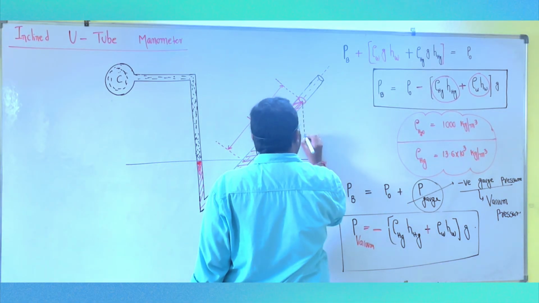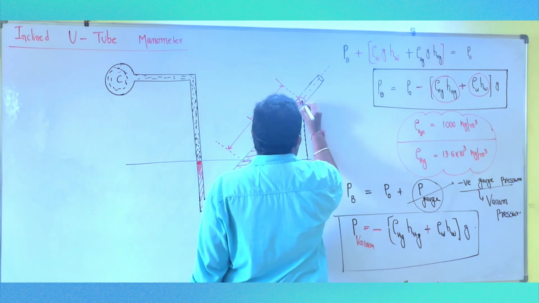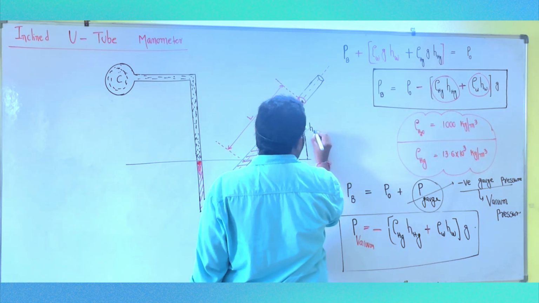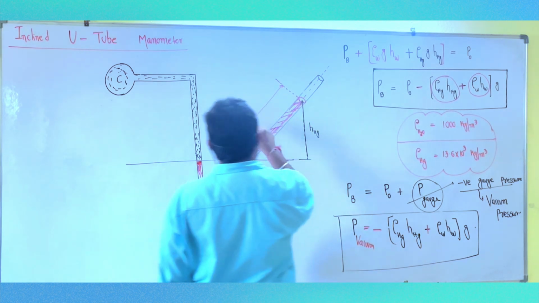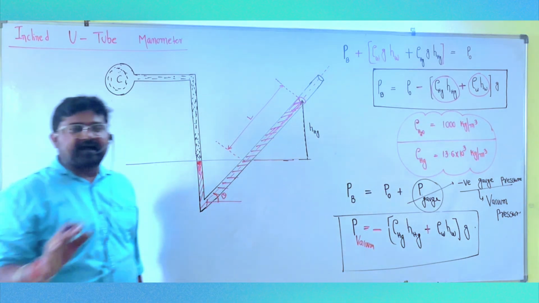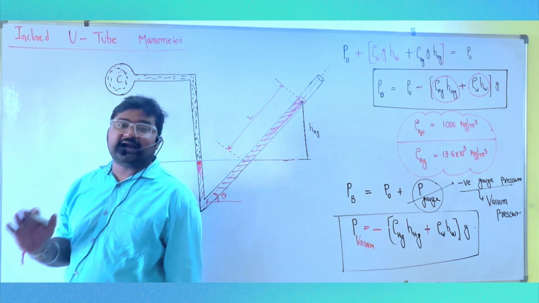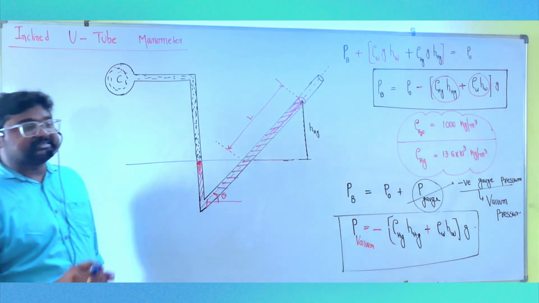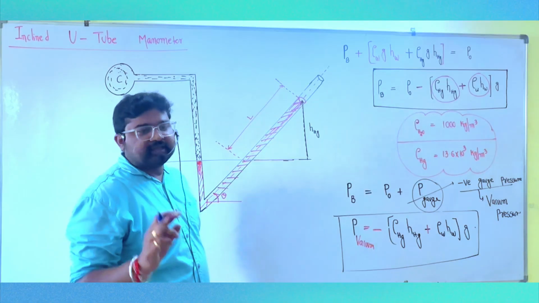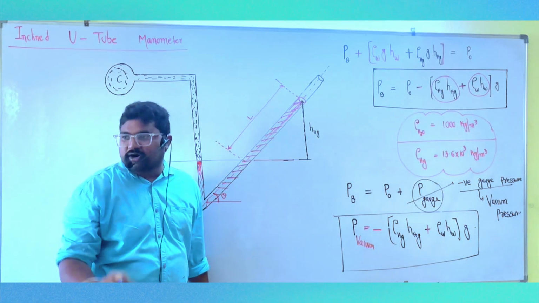From here to here, that is the length of the mercury column. In order to measure the pressure, height is always measured in the vertical direction. Clear? Pressure is always measured in the vertical direction, either vertically upward or downward.